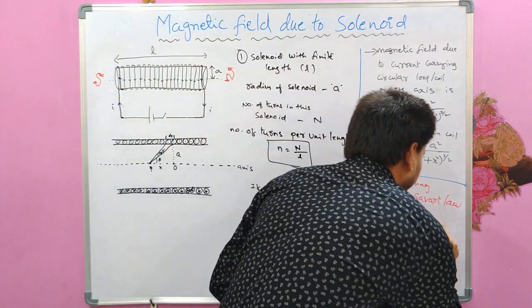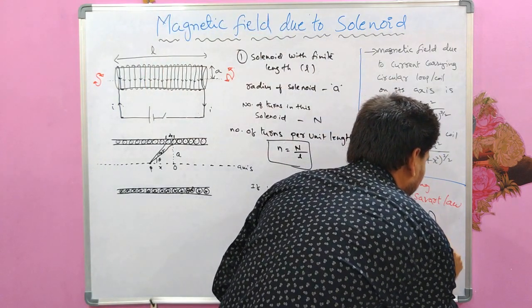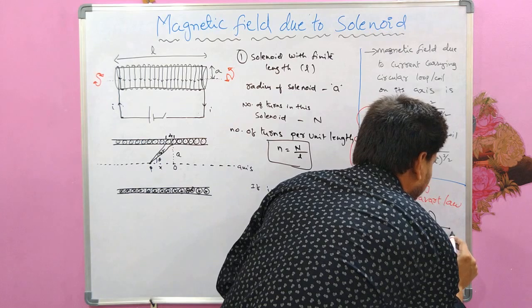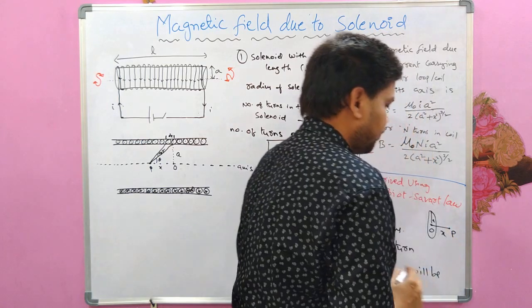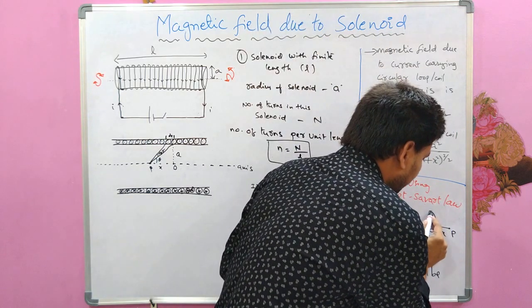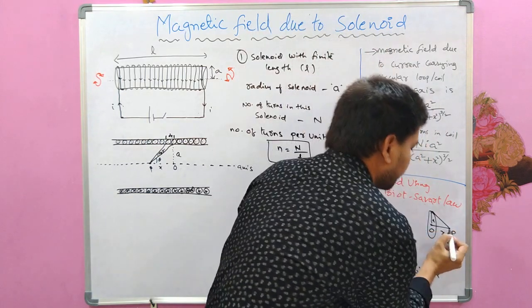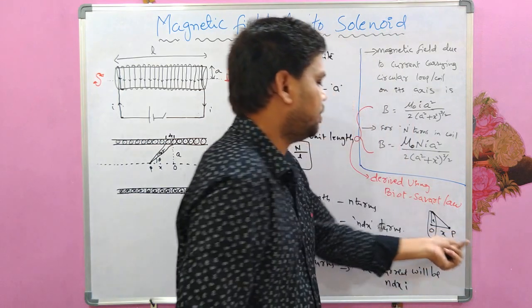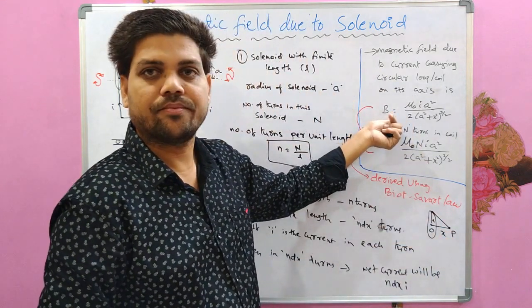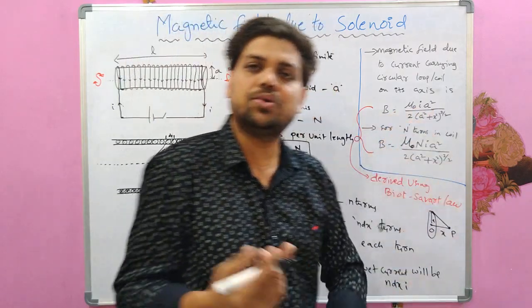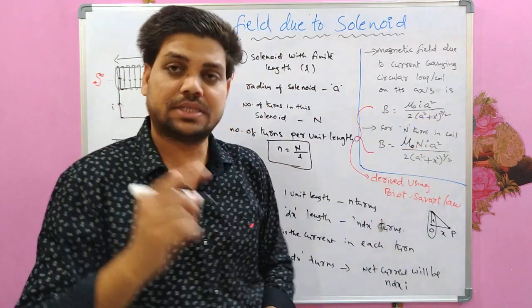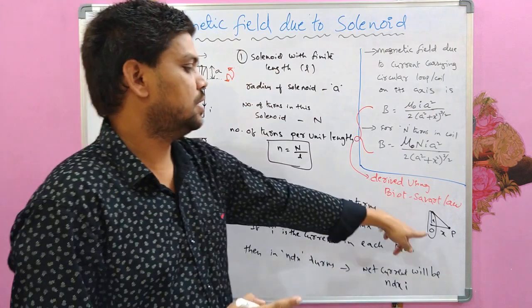Just like this. This is O, this is X, this is the point P, this is A. The B at point P is mu naught I a square by 2 into a square plus x square whole power 3 by 2, if there is one turn in the coil.